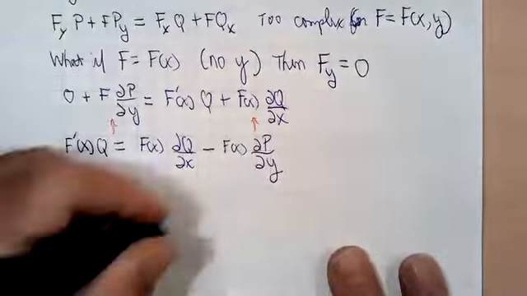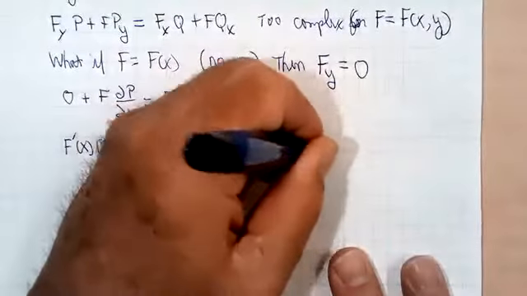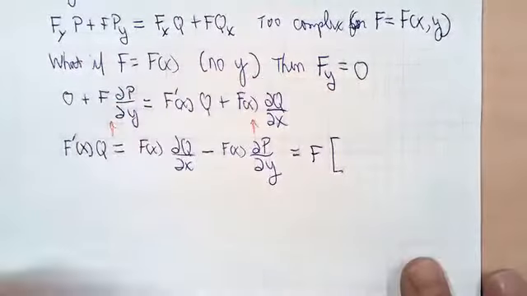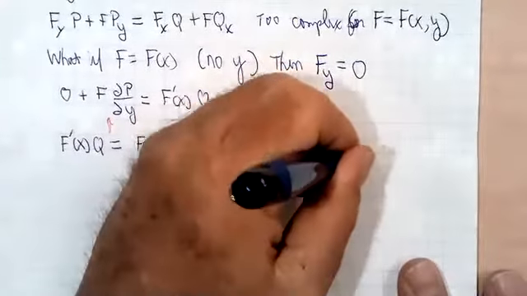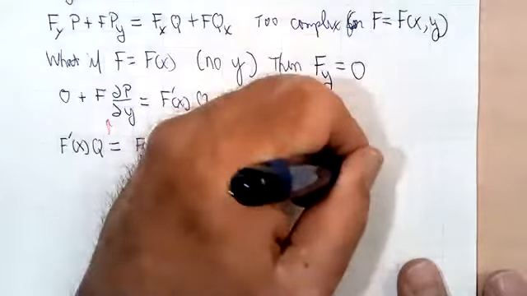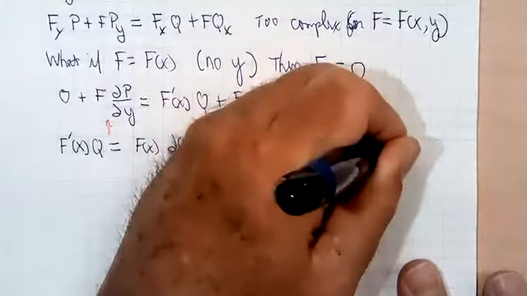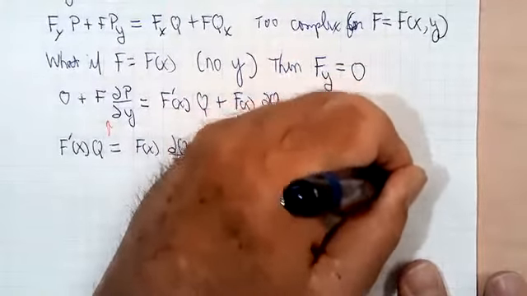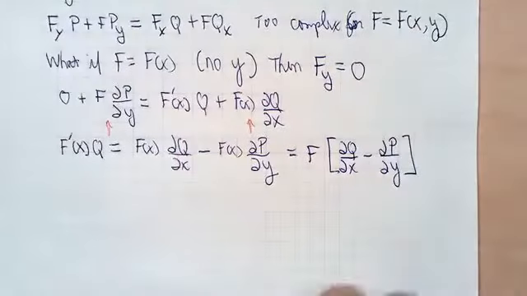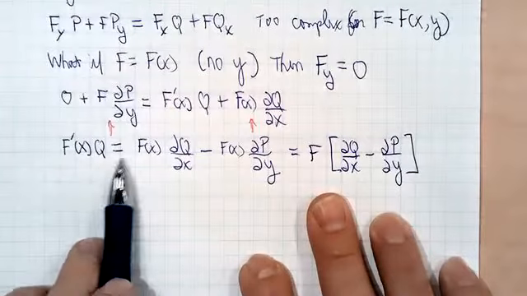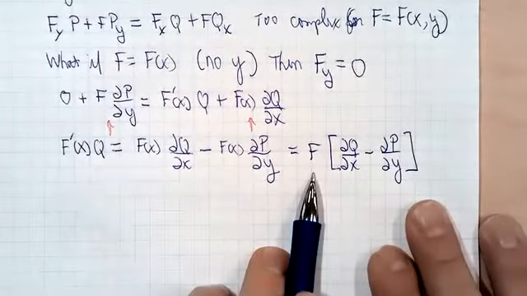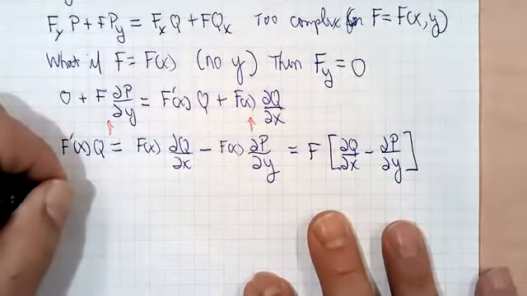I can factor off the f, and I get in the brackets partial q with respect to x minus partial p with respect to y. And then I can take this equation right here, f prime q equals this stuff. I'm going to divide each side by f.